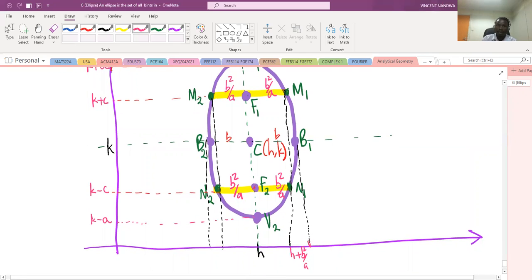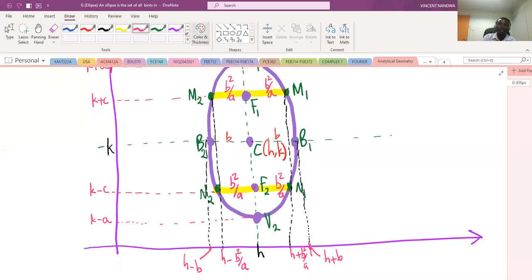And then this other one here must be this b units, so h plus b. And then this must be h minus b, and this must be h minus b squared over a.